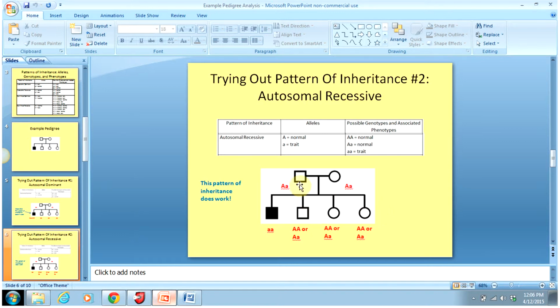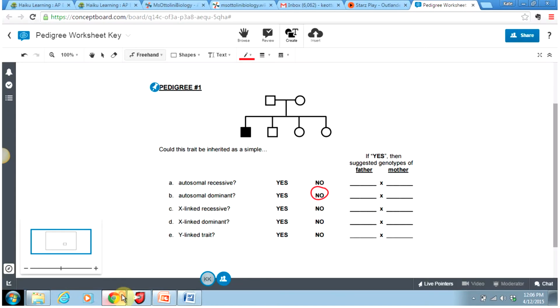We're also going to fill in the genotypes that we identified for the father and the mother. They both have to be big A, little a. So if I go to my worksheet, I'm going to circle yes for autosomal recessive, and I'm going to fill in big A, little a as the genotypes for both my father and my mother.